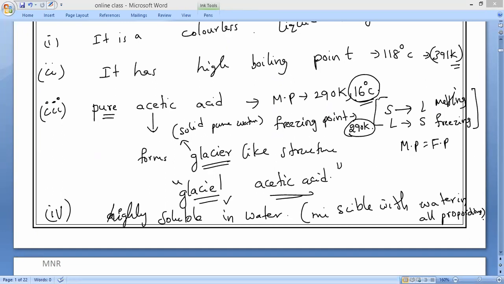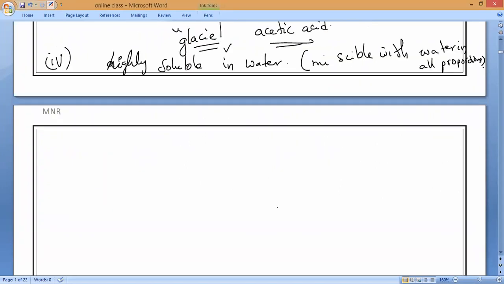As we studied in acids, bases and salts, the acids which completely ionize, which completely form ions, are called strong acids. But these organic acids are not like mineral acids. They will not completely form ions.